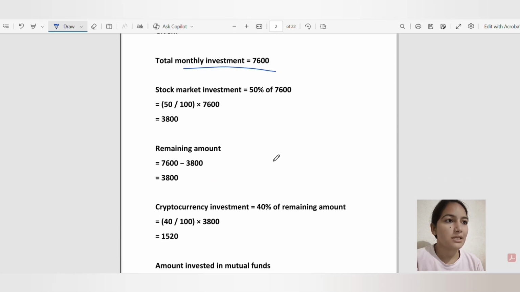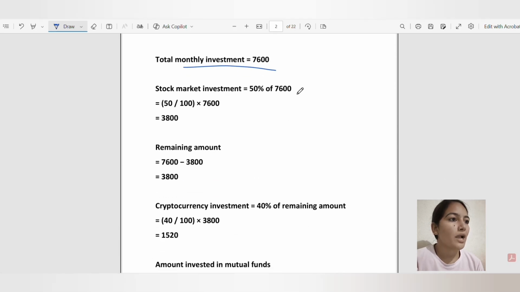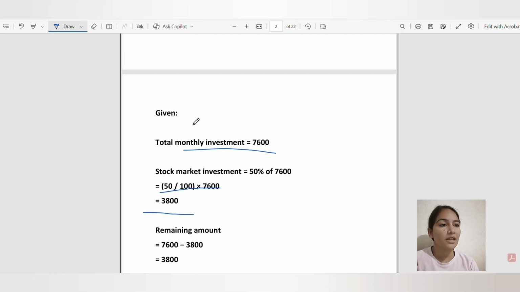So how do we calculate 50% of 7,600? The calculation will be 50 upon 100 into 7,600. When we calculate this, the answer is 3,800.